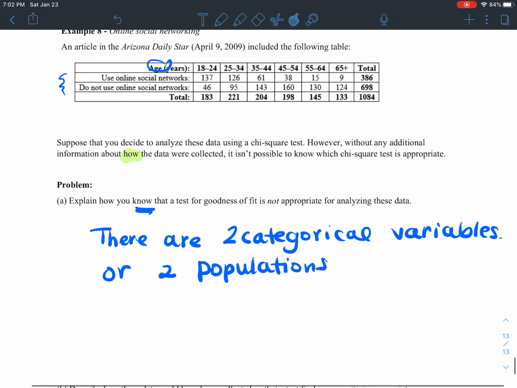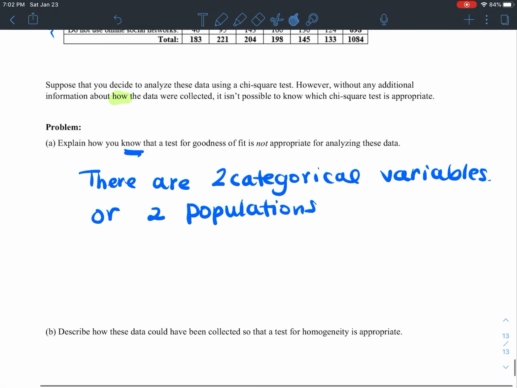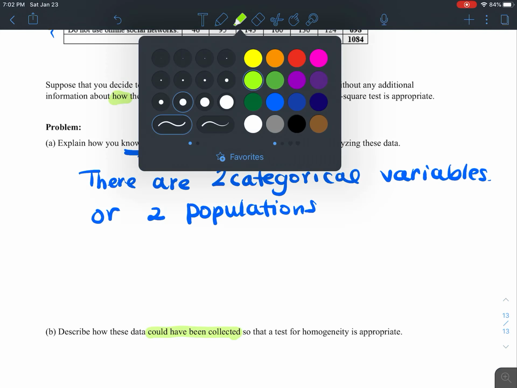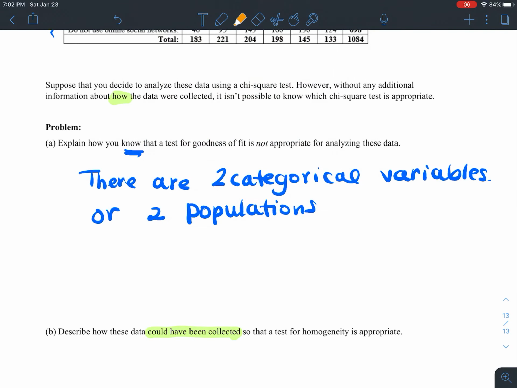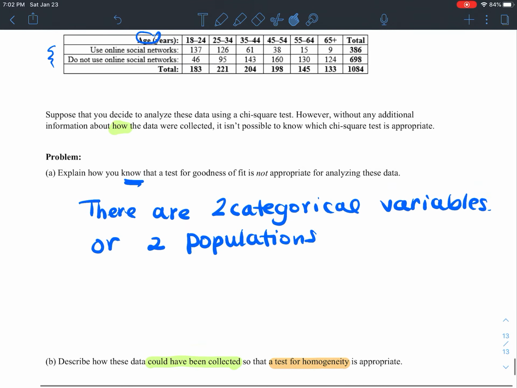So then it goes on down here in part B, and it says describe how these data could have been collected so that you would use the chi-square test for homogeneity. Okay, now remember, this is the test that you would use if you were drawing out two separate samples.